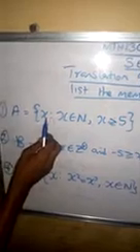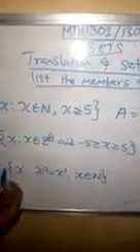As I said previously, this symbol stands for such that, this one stands for and, this one stands for less than or equal to, this one stands for element. So now, to translate this set, we say x such that x is an element of natural number and x is less than 5.